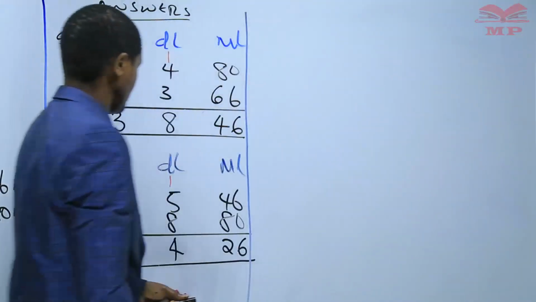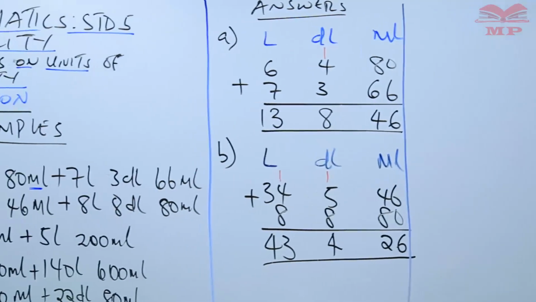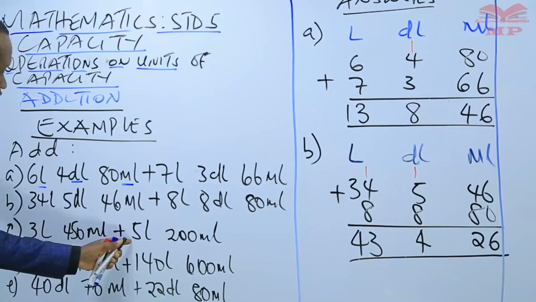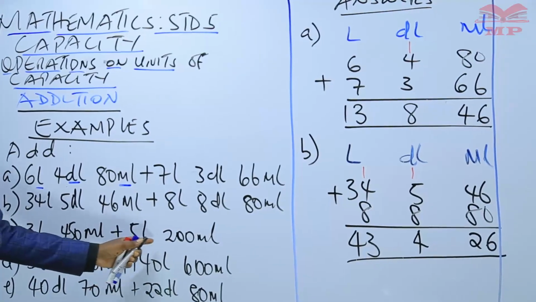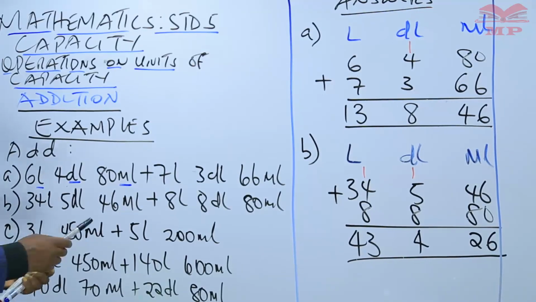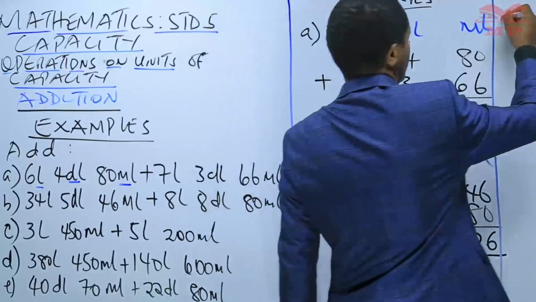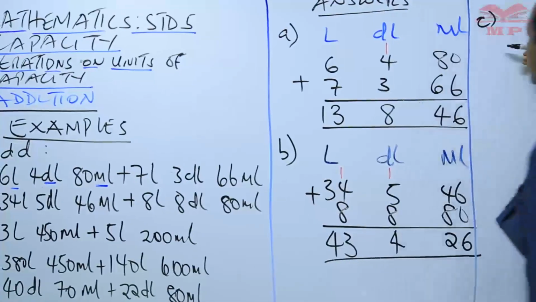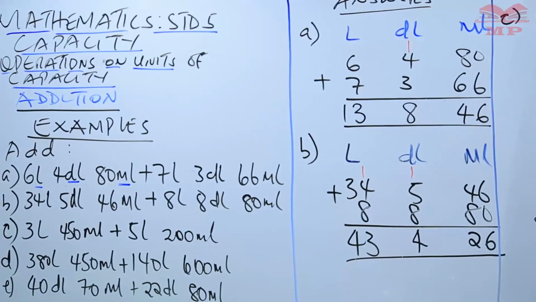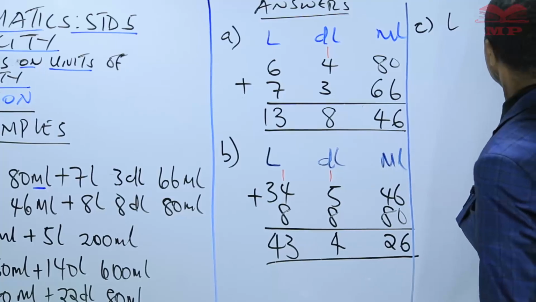Okay. We want to do part C. We are going to add 3 liters, 450 milliliters to 5 liters and 200 milliliters. So we have liters and milliliters. So here I have C, liters and milliliters.